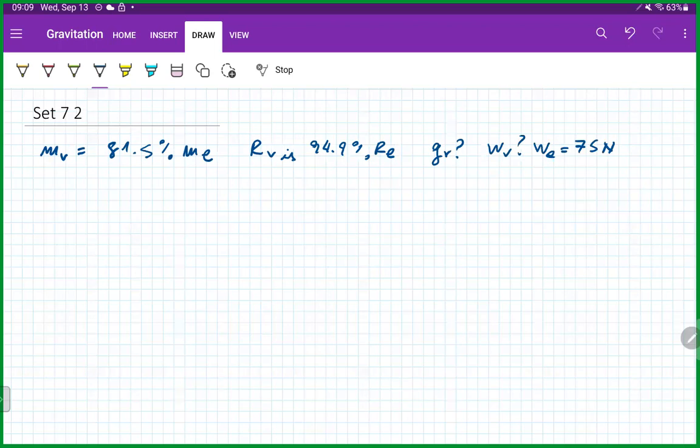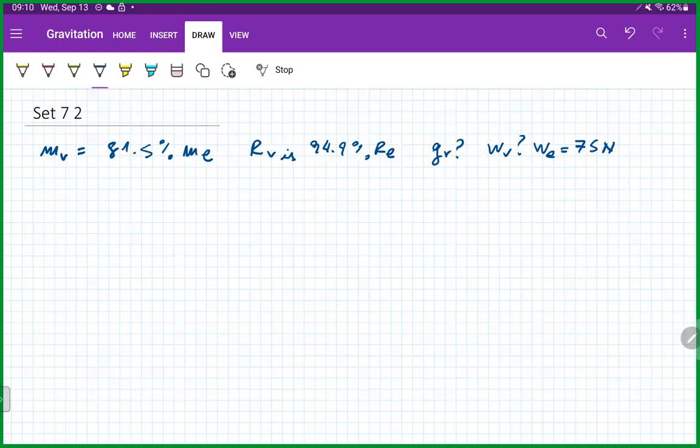So what we can do here is simply use the expression that we had for the acceleration. So remember that the gravitational interaction was the product between G, the mass of one object, the mass of the other object, divided by the distance to the second power.